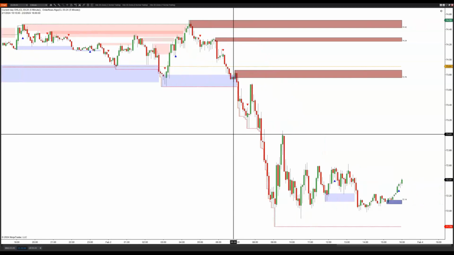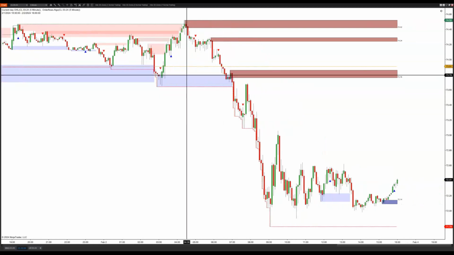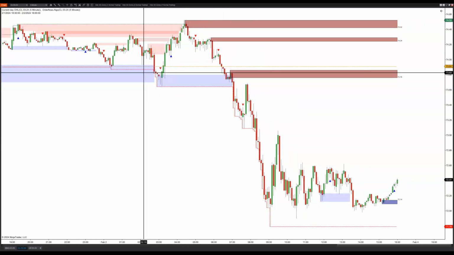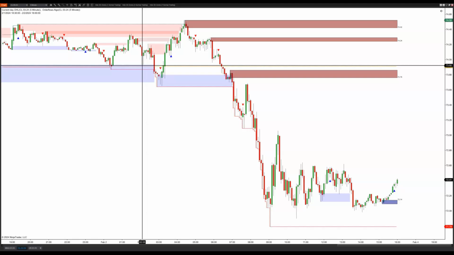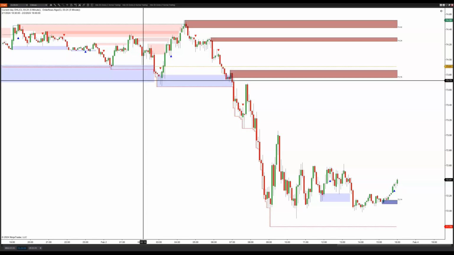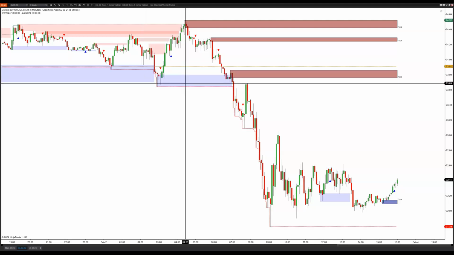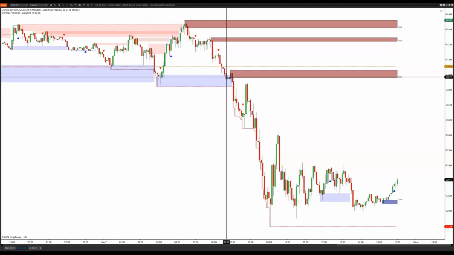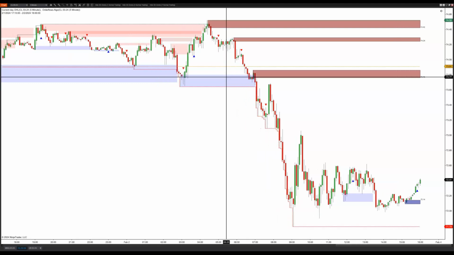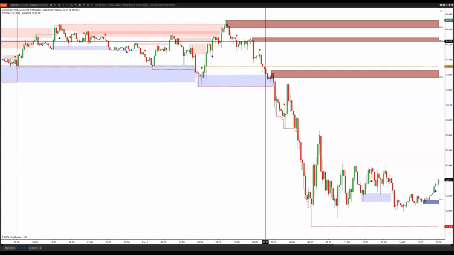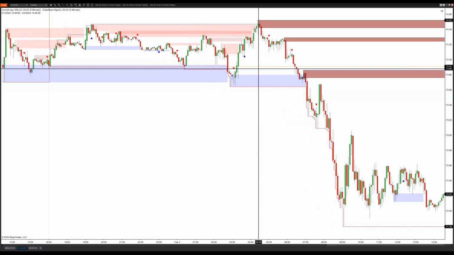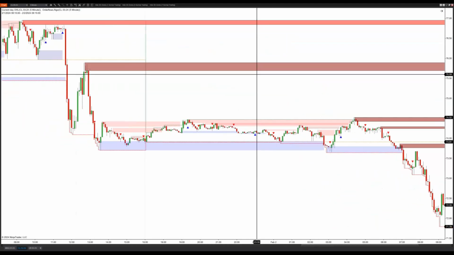Because here, you'll notice this zone is quite big, or even this one is quite big. It goes from 73.93 down to 73.70. So that's a 23 tick zone, right? And sometimes the bigger the zone that you're getting, the longer it takes for the confirmation to come in, as opposed to the smaller zones, where it's just coming in a few bars later, okay?